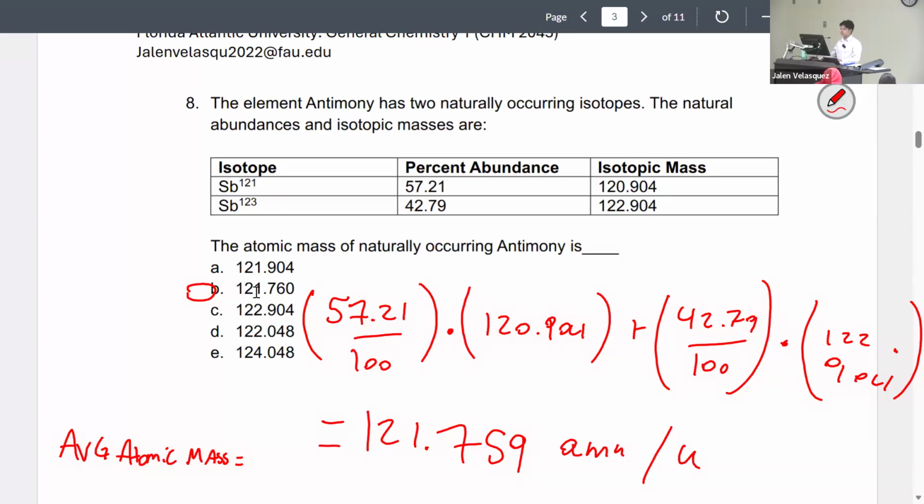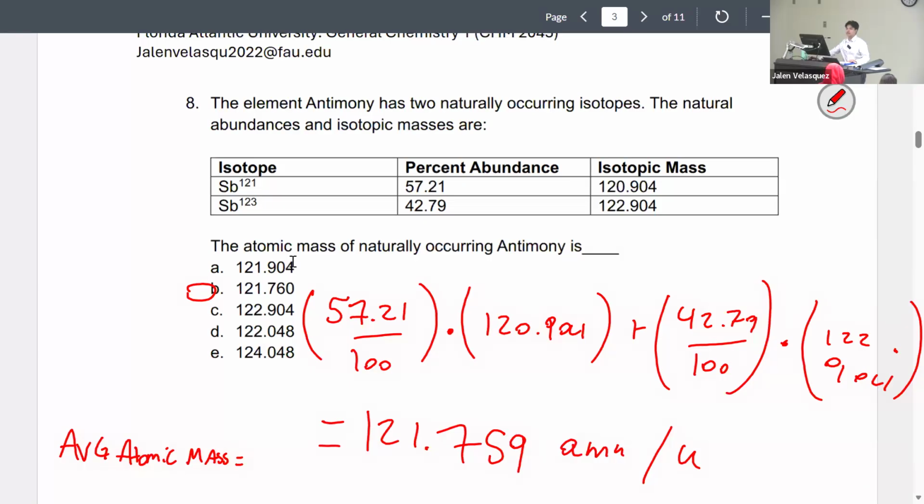And so B is our answer because this 7.5 is just rounded, 7.6. So don't freak out if your answer doesn't exactly match here. It could be a rounding thing.